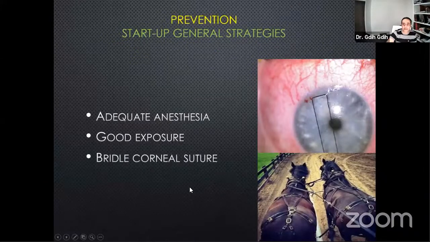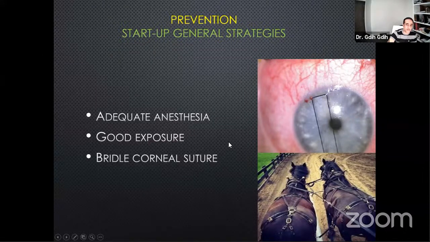So, strategies at the start up: what should you do before you start? You should have adequate anesthesia. If you have a patient who is wiggling on the table and not comfortable during the procedure, they may make a sudden movement that can cause a complication.